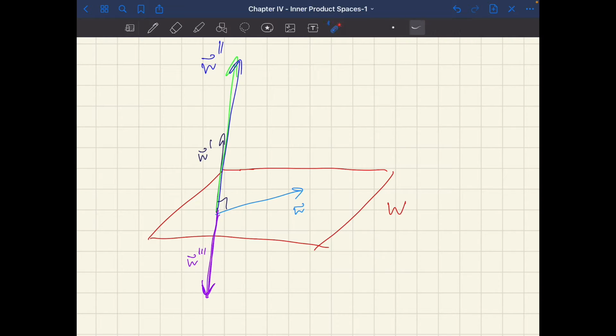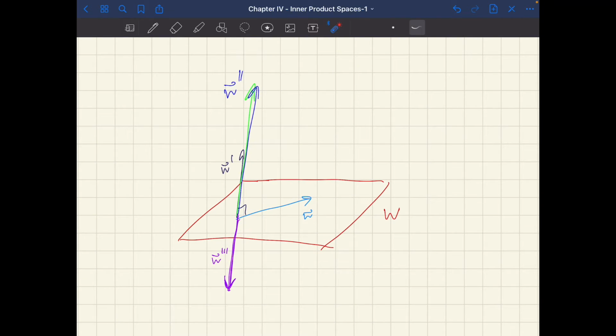And you can see that the direction is the same. The three vectors W prime, W double prime, and W triple prime are the same, right? So what does it mean?